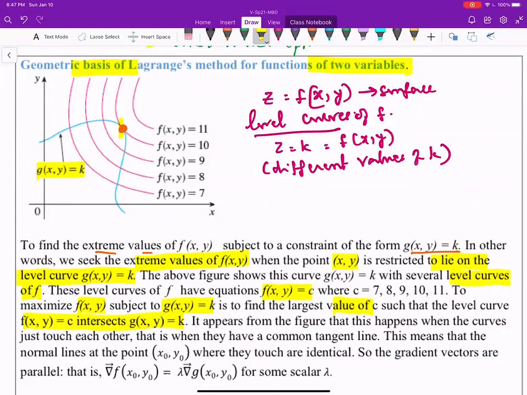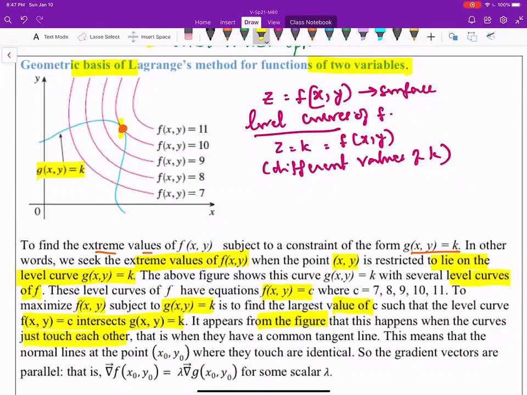So we are finding the largest value of f of x, y such that its level curve intersects g of x, y equal to k. It appears from the figure that this happens when the two curves just touch each other.